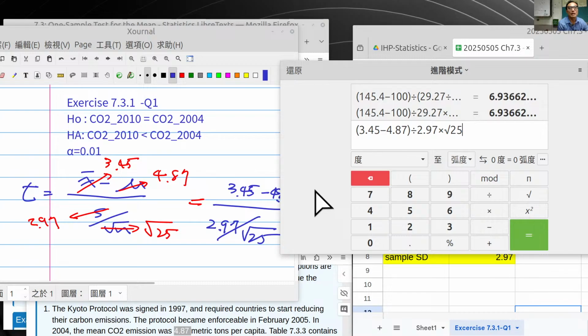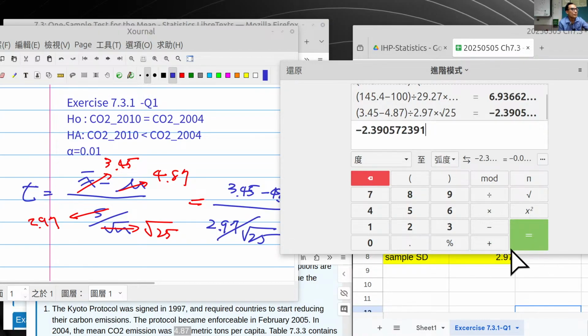I will be quiet for 30 seconds. Please check the calculation here. Okay, click answer. The t-value is approximately minus 2.39.